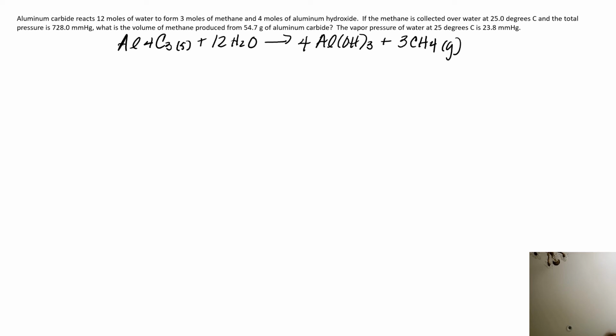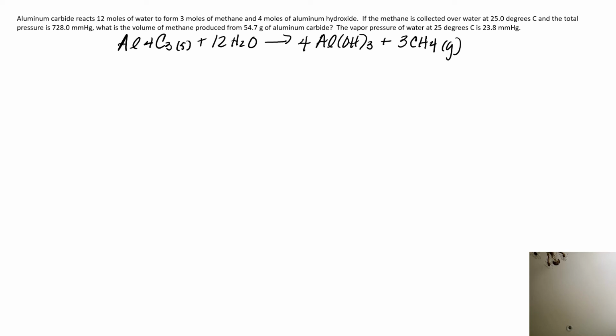So this actually is the reverse of the prior problem. We're given the mass of aluminum carbide and asked to find the volume of methane that's produced.